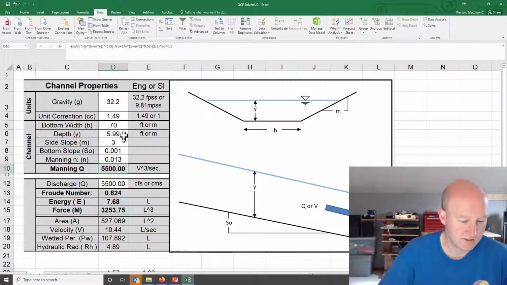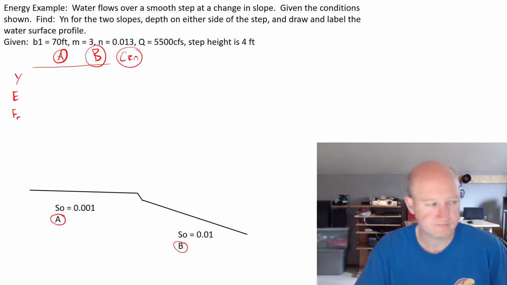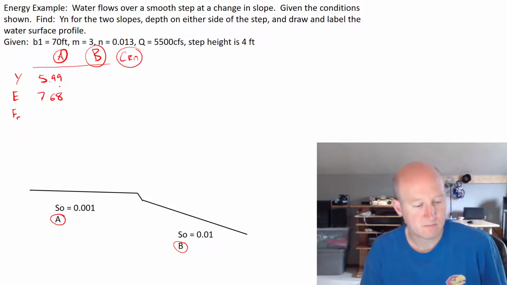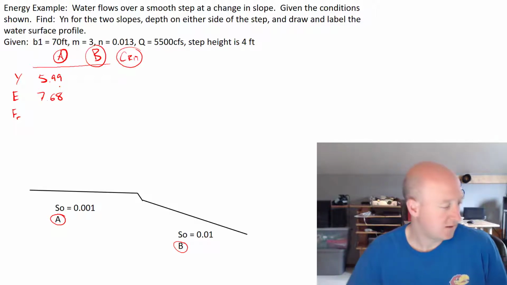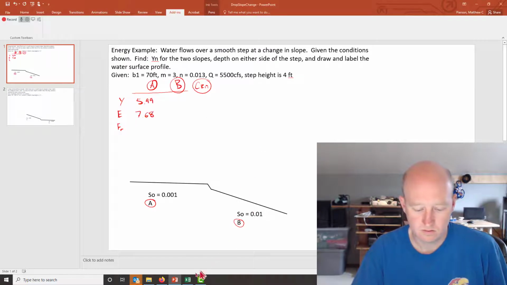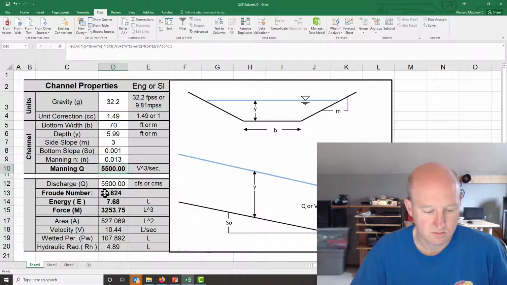So 5.99, and our energy is 7.68. And the Froude number was less than 1. I didn't write that one down, but we'll get it. So 0.842.